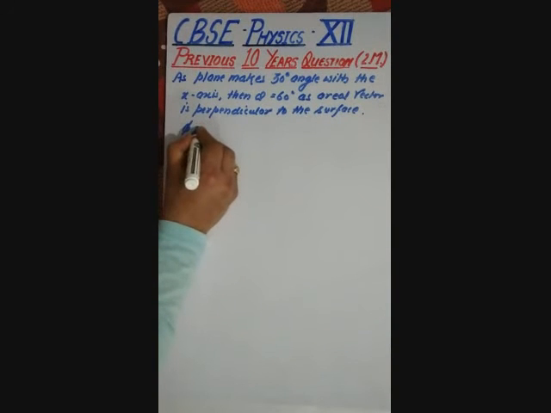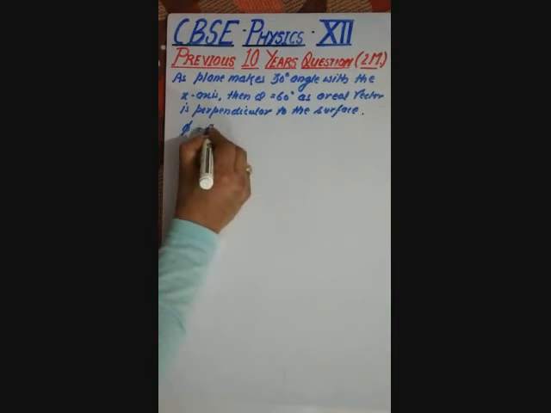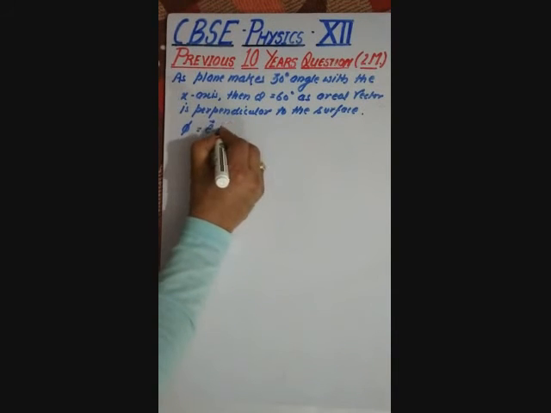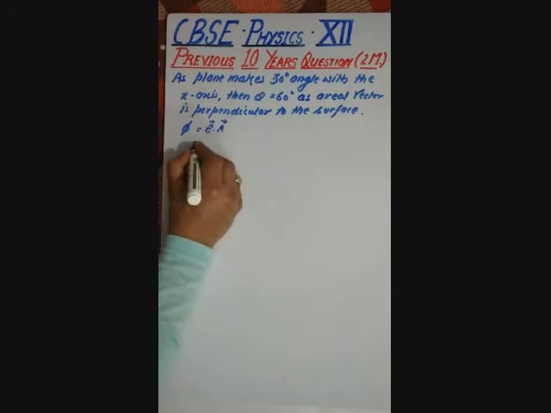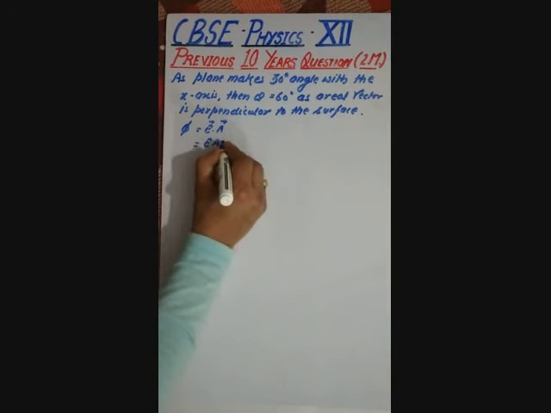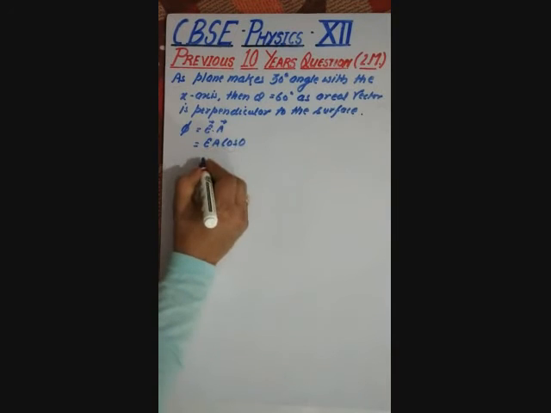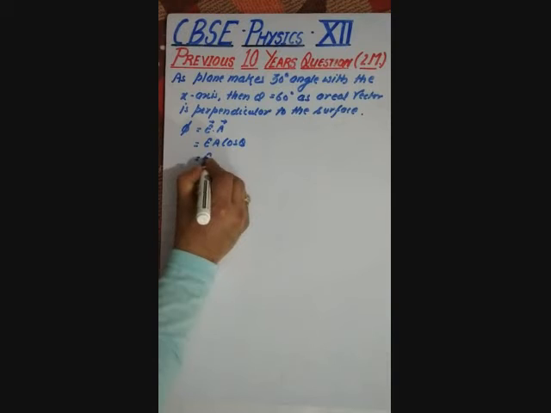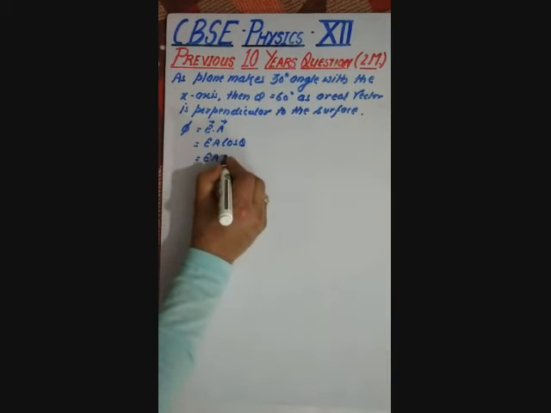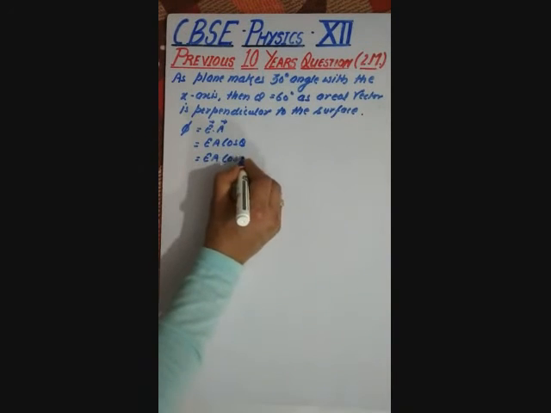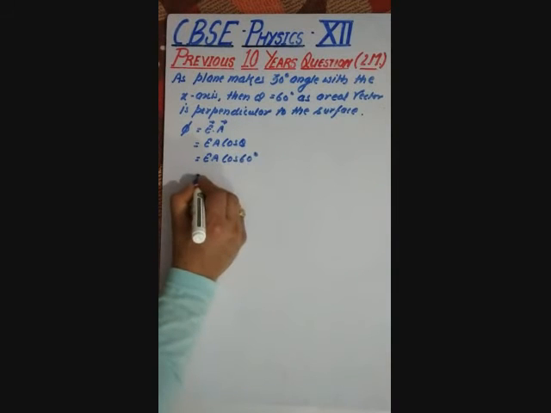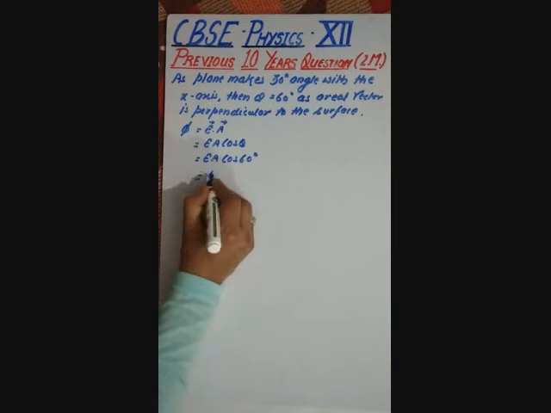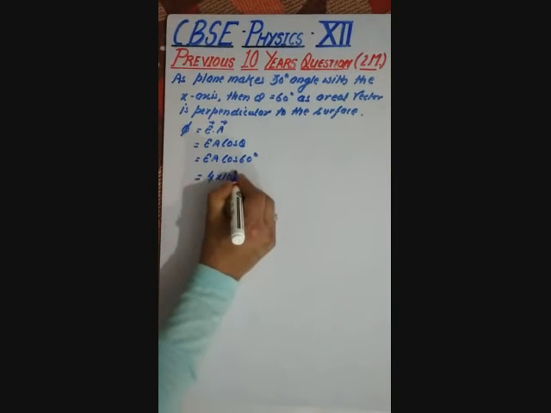We know that it will be electric field dot area vector, or we can write it EA cos theta, or EA cos 60 degree. Given electric field will be 4 into 10 to the power 3.